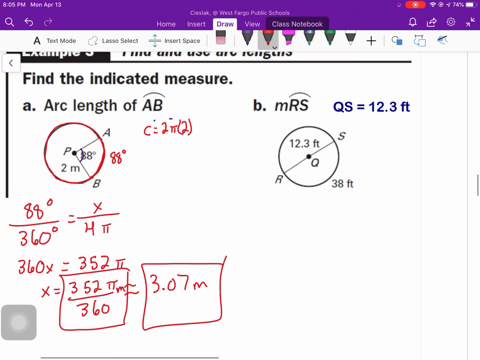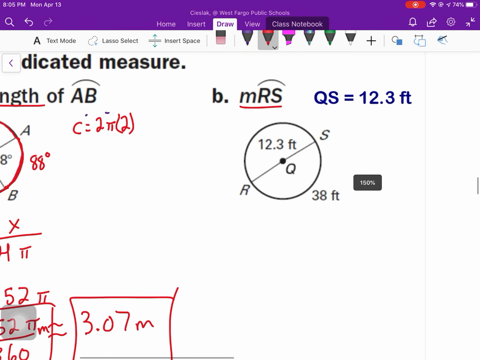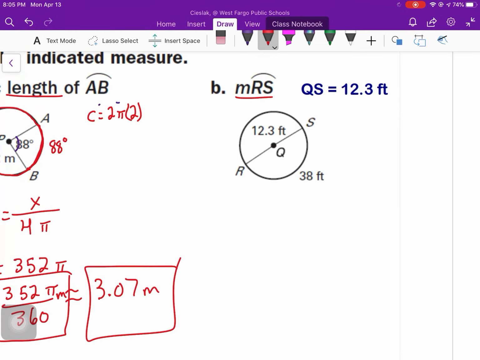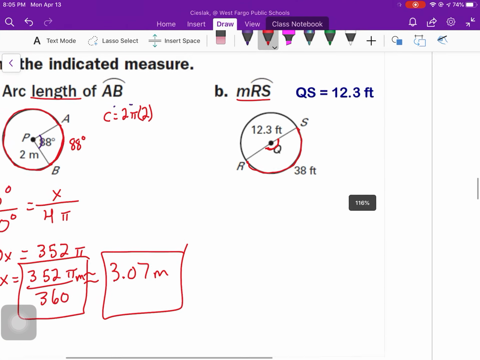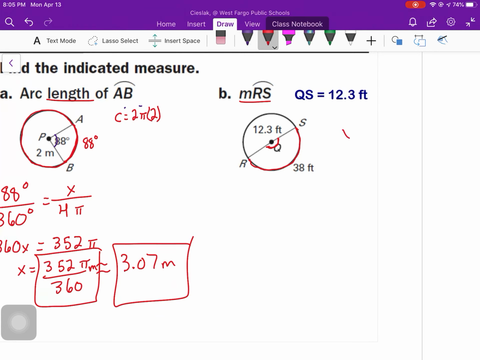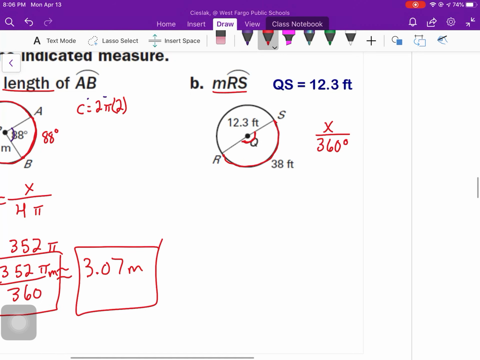Okay, so the first one was finding length. Now I'm asked to find the measure of arc RS. So my answer should be in degrees here. I'm really looking at what is this angle right here, the central angle, which is the same as this. I don't know what that angle is, so I'm going to start off with x. That's what I'm trying to find, over the whole thing in degrees, which would be 360.